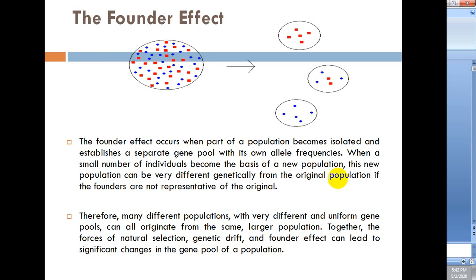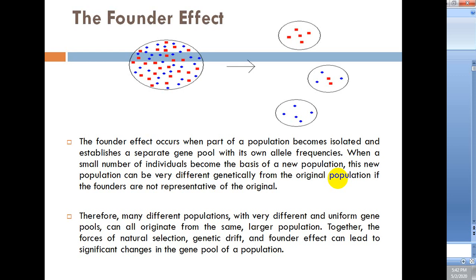Suppose a group of individuals from one population migrated to a certain place or became isolated for some reason, and when they grow into a new population, they have different allelic frequencies. This effect we call the founder effect.